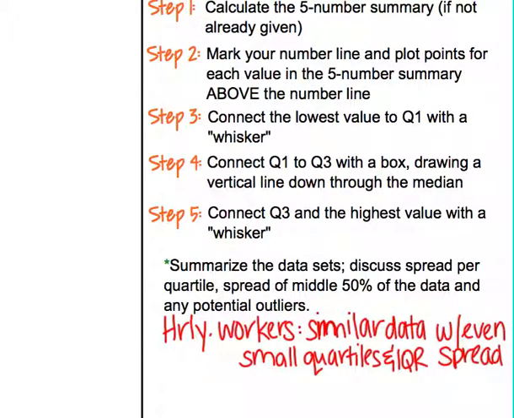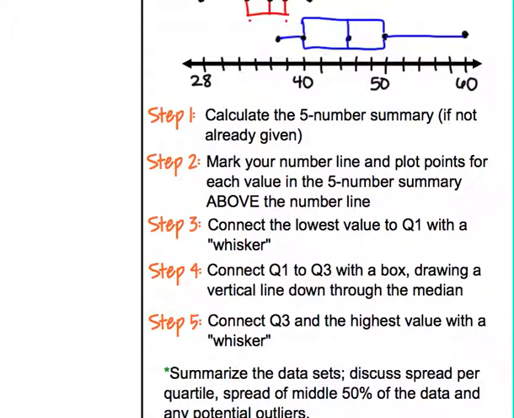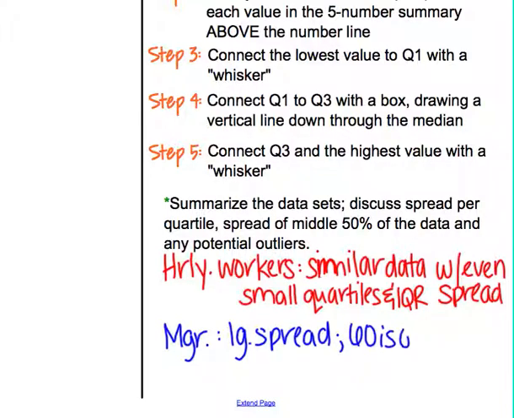Now, if we look on the blue side for the manager, we have a very short gap here, from here to here, and then it's pretty wide here for the middle range, and then we have this outlier out here. So I'm going to go ahead and say for the manager, we have a large spread. 60 is an outlier.